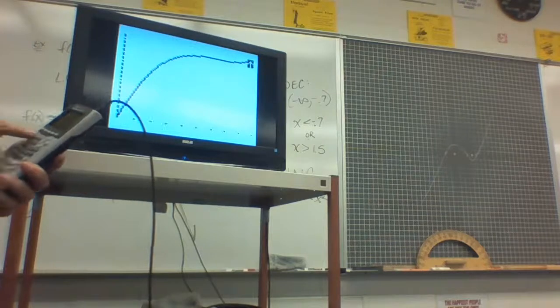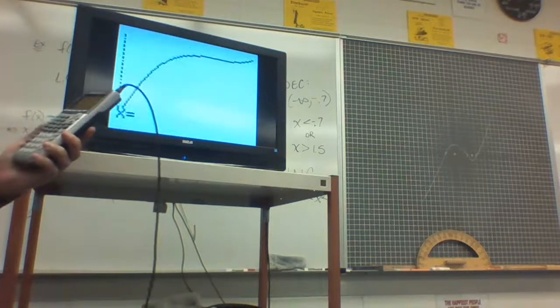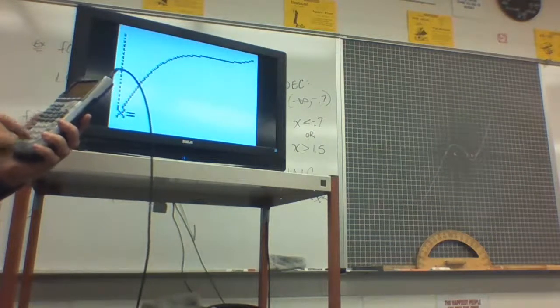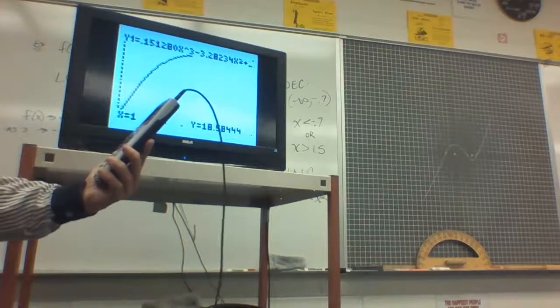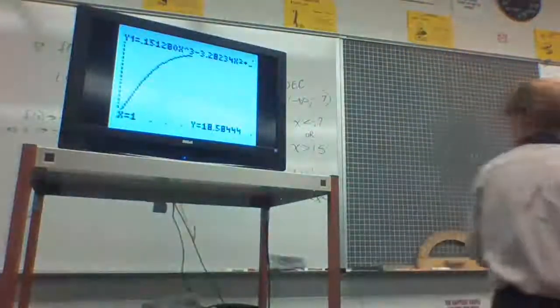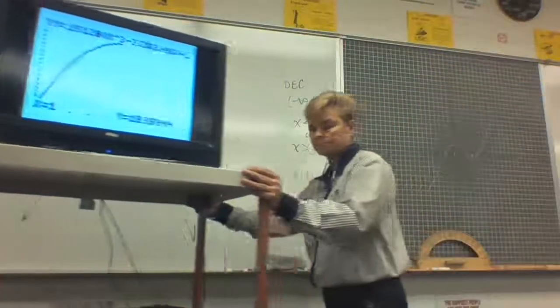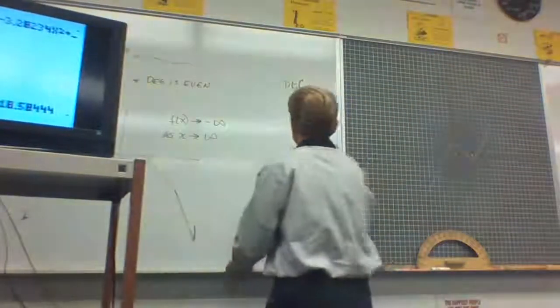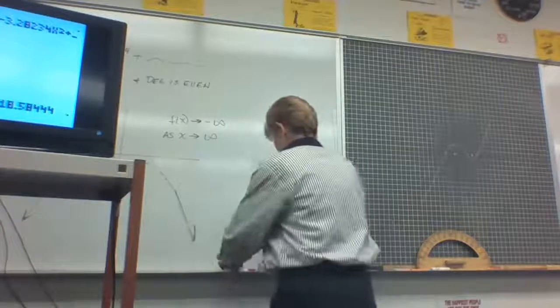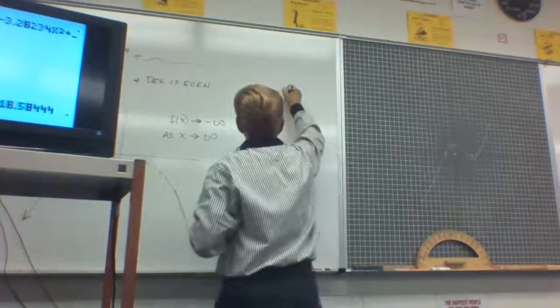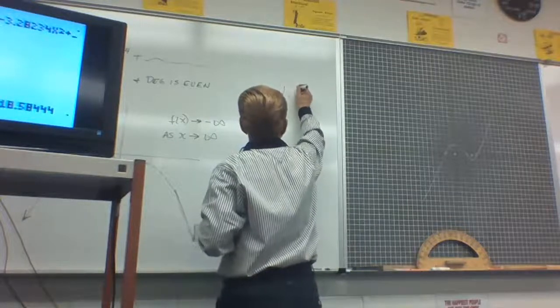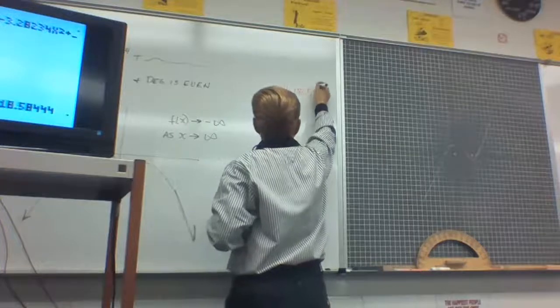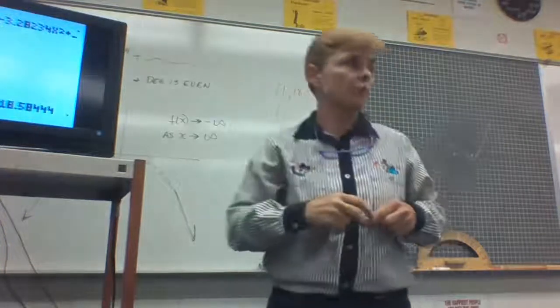So you go second calc, value, when t is 1. The value is 18.58. This is our beginning point. First year, 2001, 18.58 thousand electric vehicles were running on the road by then.